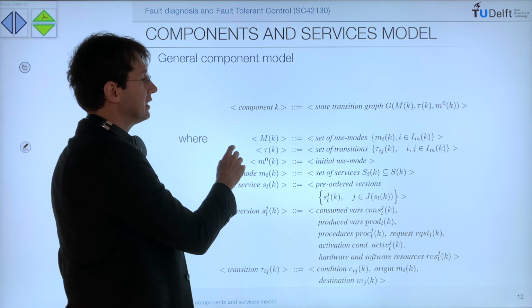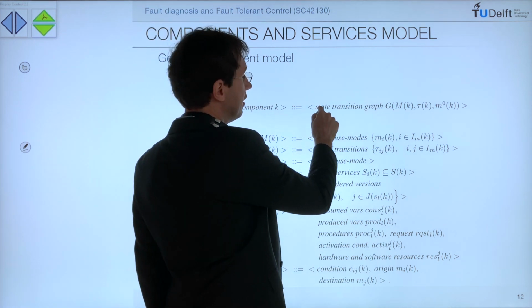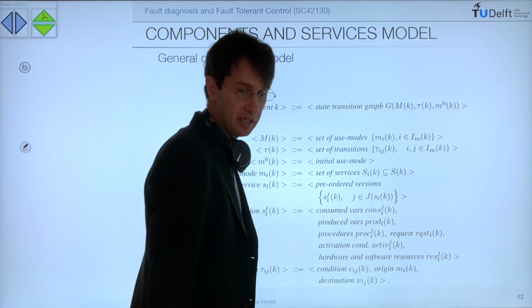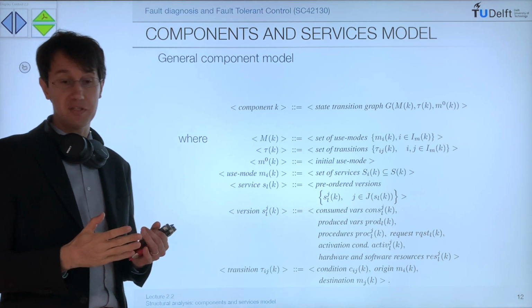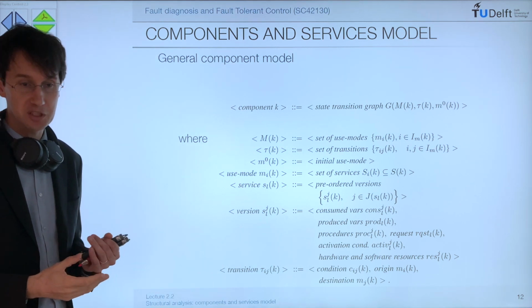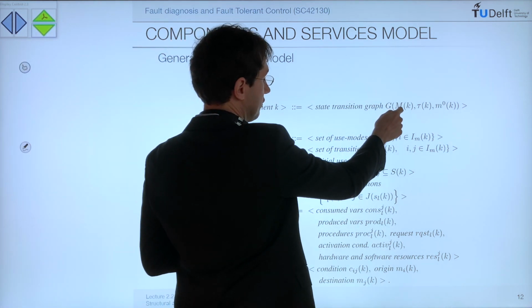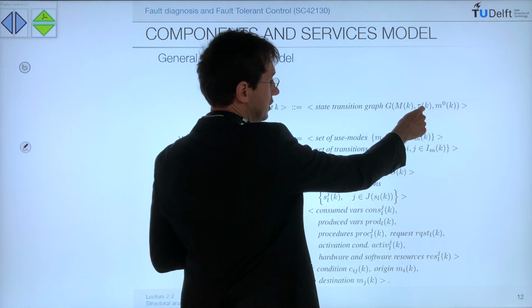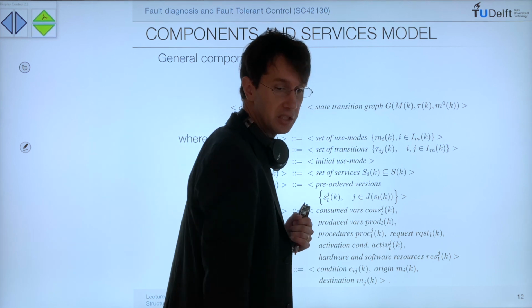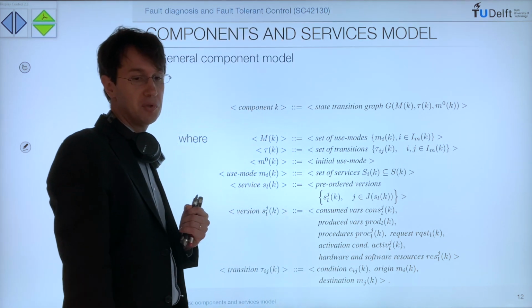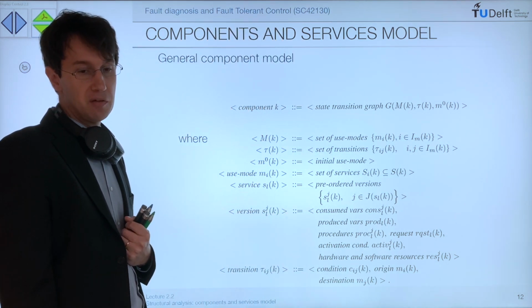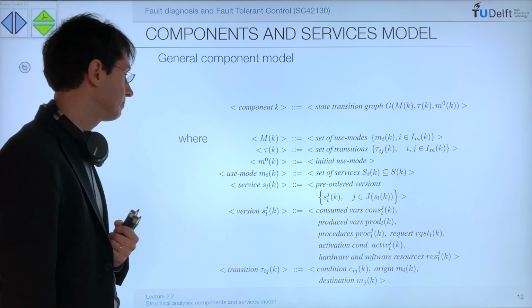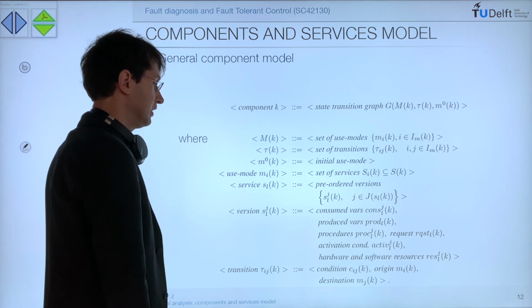So a component is defined via a state transition graph. So the state transition graph is the one representing the finite state machine. We have a set of states, that is use modes. We have a set of transitions, tau, and we have some initial state, some initial use mode where we are. In the case of the wireless speaker, that is off.